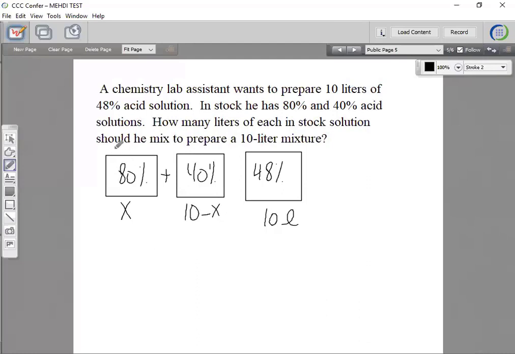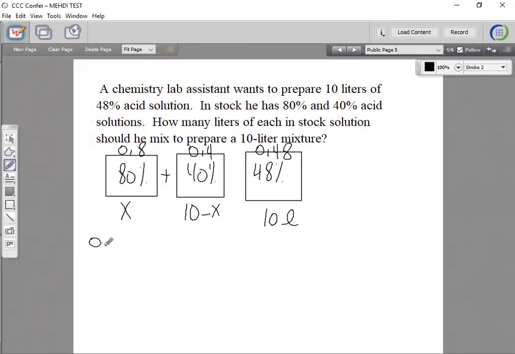Now what does 80% mean? 80% means 80 divided by 100, which is 0.8. 40% is 40 divided by 100, which is 0.4. 48% is 48 divided by 100, which is 0.48. So it means amount times the strength.